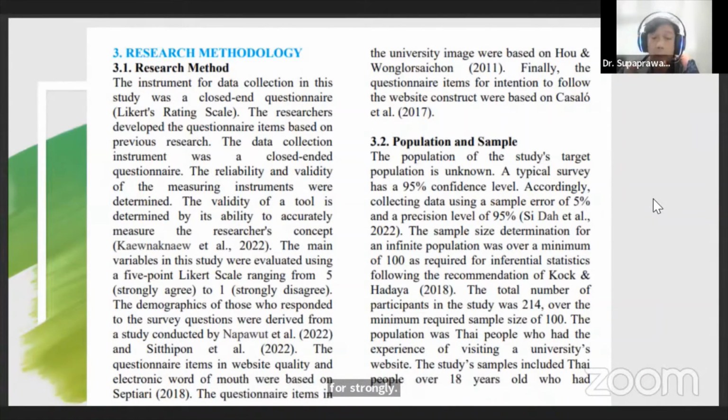It's good or better if the researcher explains the reliability and validity used in your study.